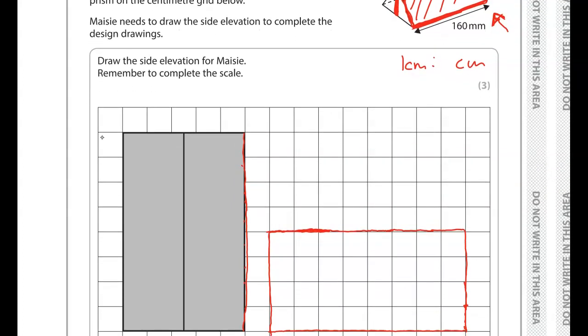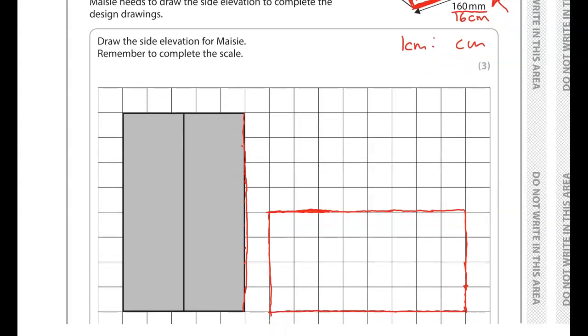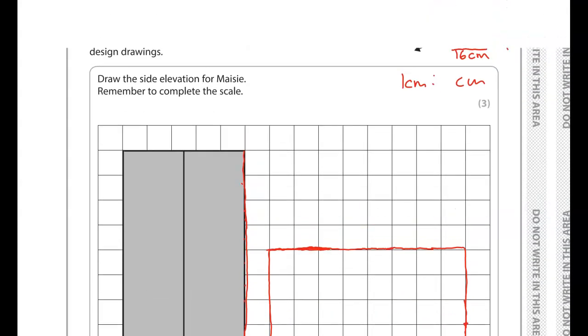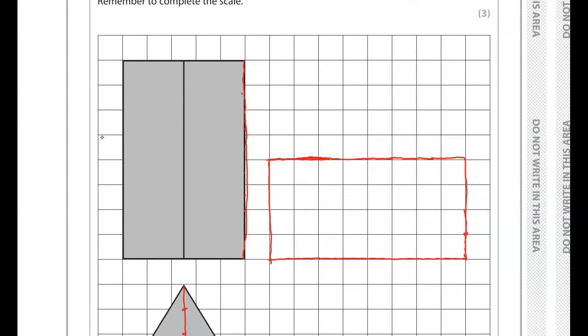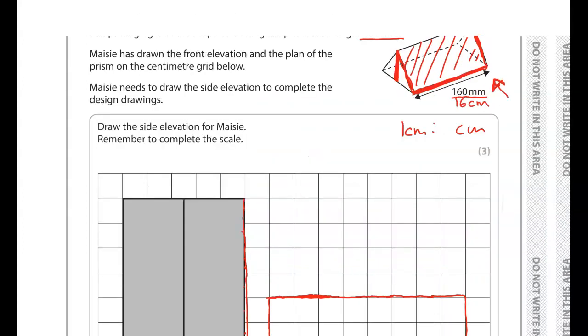First of all, this is given in millimeters, so let's convert that to centimeters. There are 10 millimeters in a centimeter, so this is going to be equal to 16 centimeters. So dividing 160 by 10. As you can see, that which was equal to 16 centimeters, we represent here with 8 squares, which is 8 centimeters.